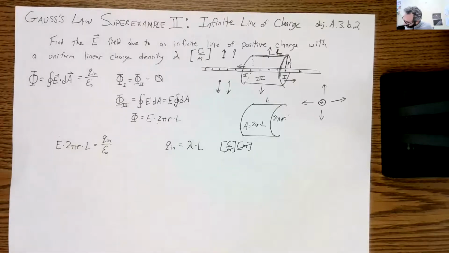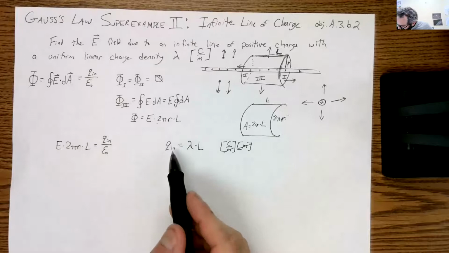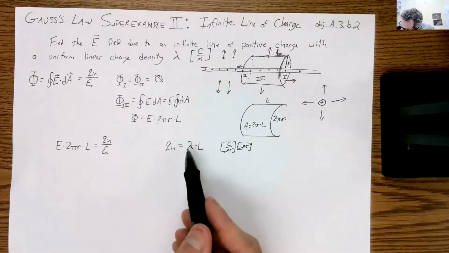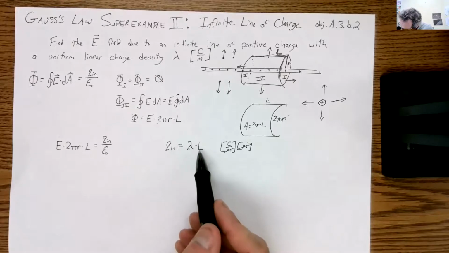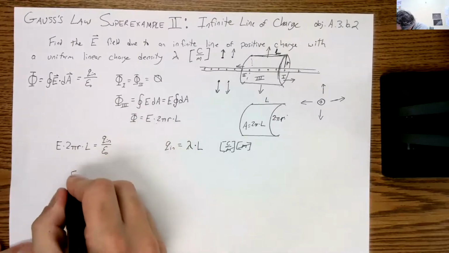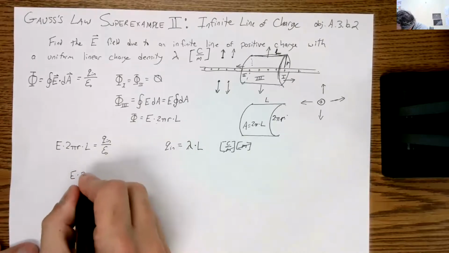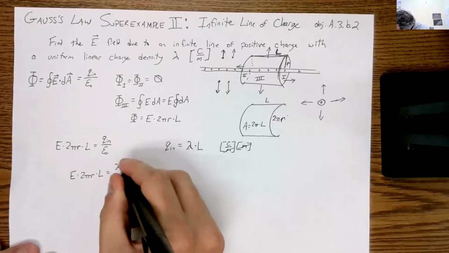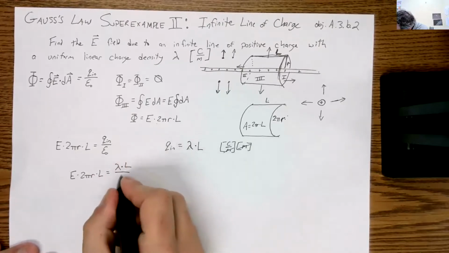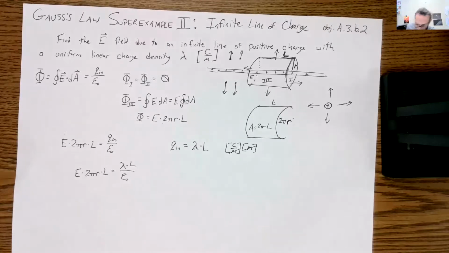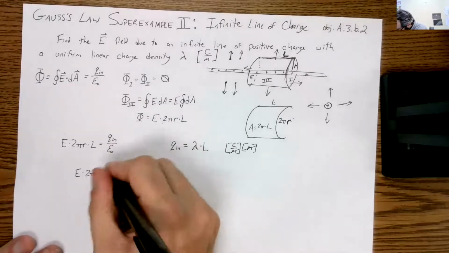But what I'm saying is that now that we can express the charge inside our cylinder as the linear charge density times the length of the cylinder, if we plug that back into our equation, E times 2 pi r times L equals lambda times L over epsilon naught. Now we have an L on each side, so it cancels out.